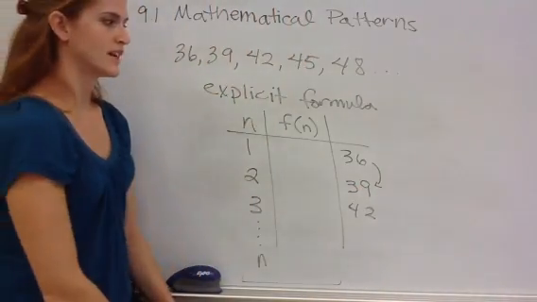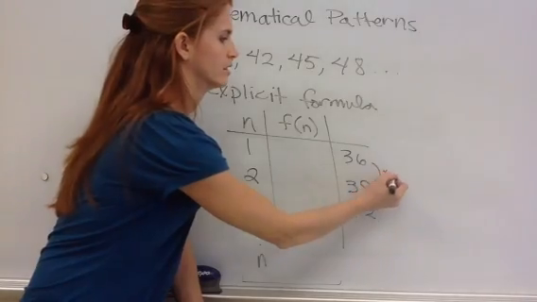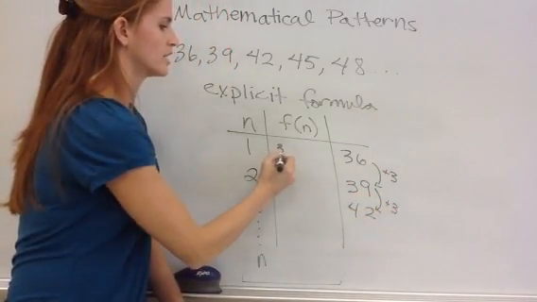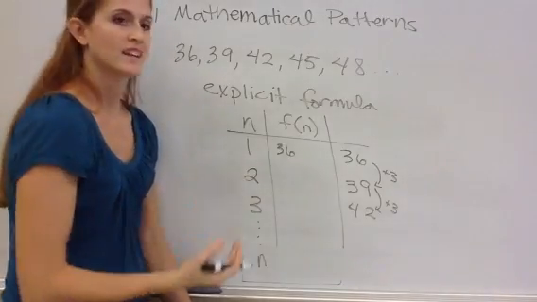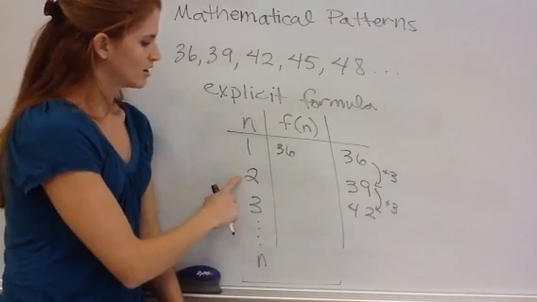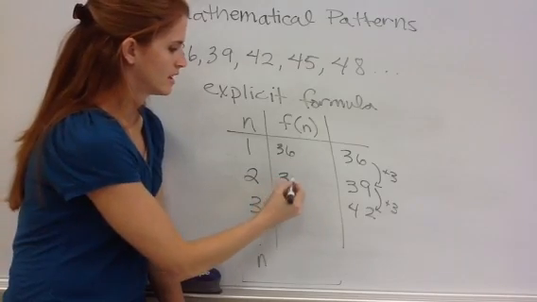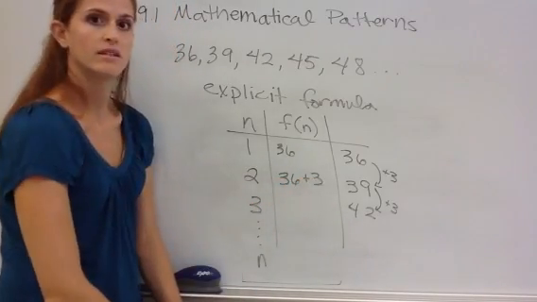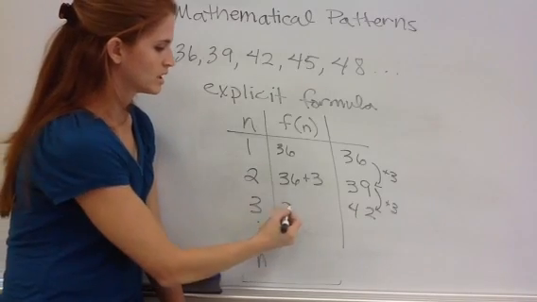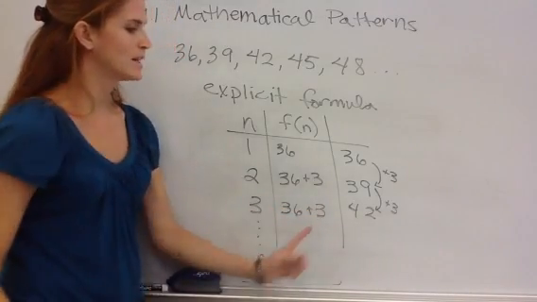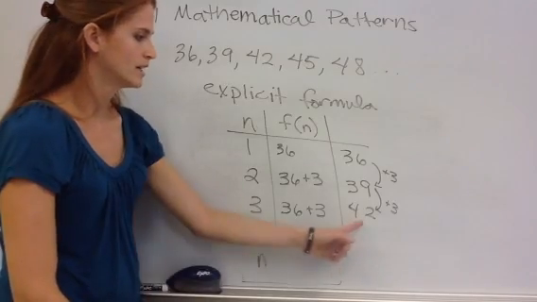Over here you notice that to get from 36 to 39, we add 3. Okay? So if I start with 36, in this first case, am I going to add 3 to it? No. Let's think back here. For this one, if I take 36, am I going to add 3? Yeah. Over here for this one, if I start with 36 and I want to add 3, how many times am I going to need to add 3 to get to 42?